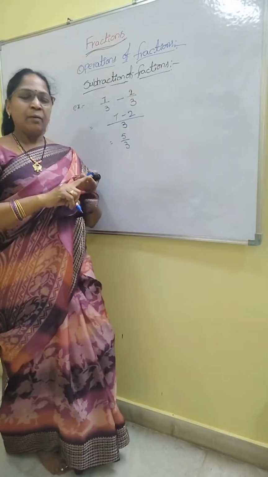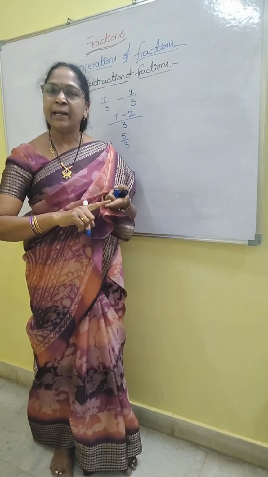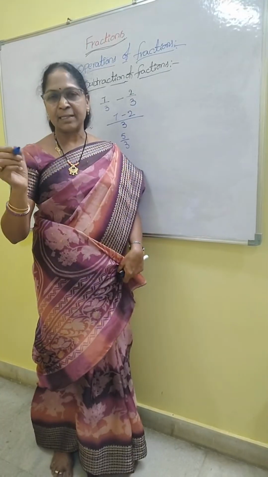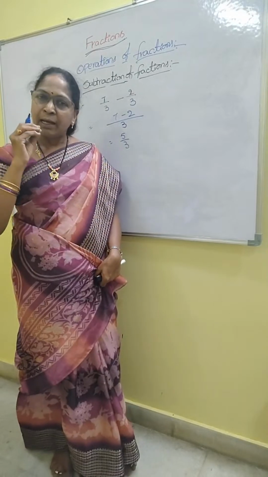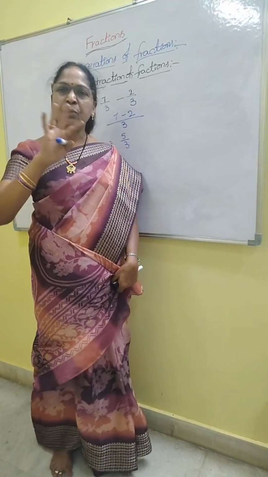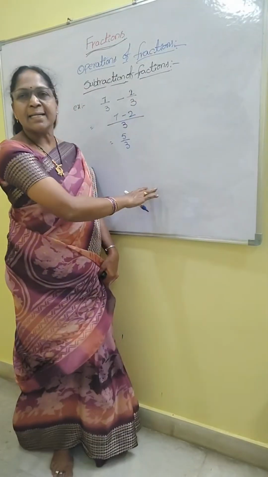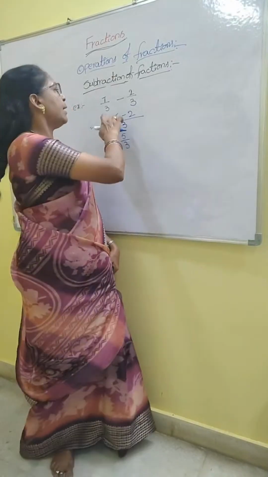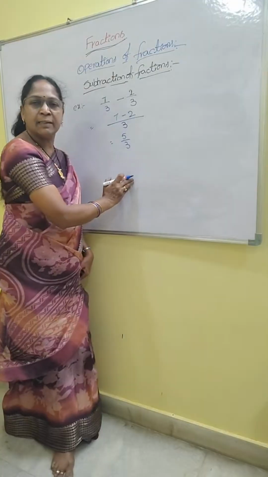Now, we learned already about the addition of fractions. When like fractions and unlike fractions are given, then how to add the fractions. Those two topics we already covered. Now in the subtraction also, whenever like fractions are given, then how to subtract the fraction.